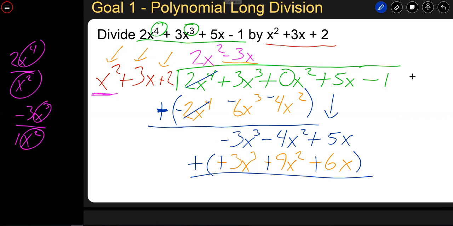And then I go negative 3x to the third plus 3x to the third. These cancel. Negative 4x squared plus 9x squared gives me 5x squared. And 5x plus 6x gives me 11x. Last thing I do is bring down that negative 1. And now I've done that second cycle.